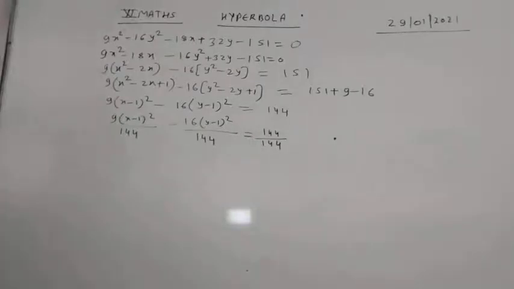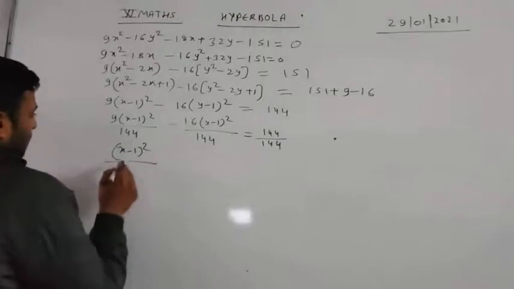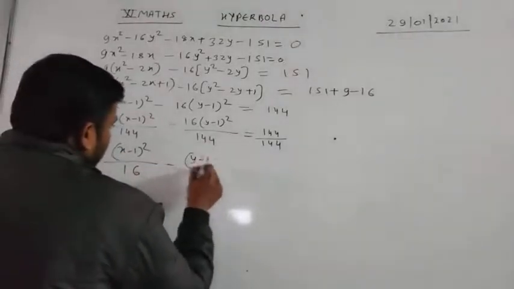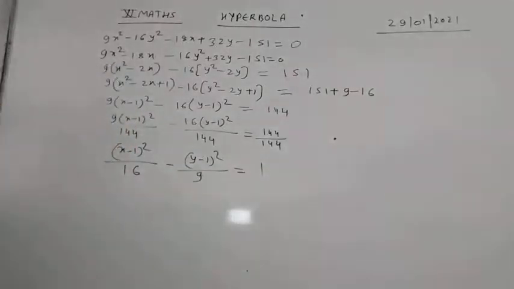Now, when we divide, this is (x minus 1) whole square by 16 minus (y minus 1) whole square by 9 is equal to 1.